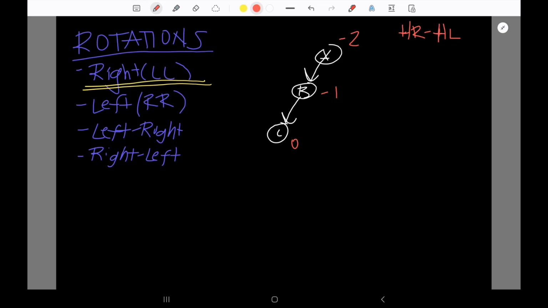So we have to do a right rotation in order for this tree to be balanced. So what we are gonna do is we will get B, or B will be the new root of the tree. So it is gonna be like this, B, right?